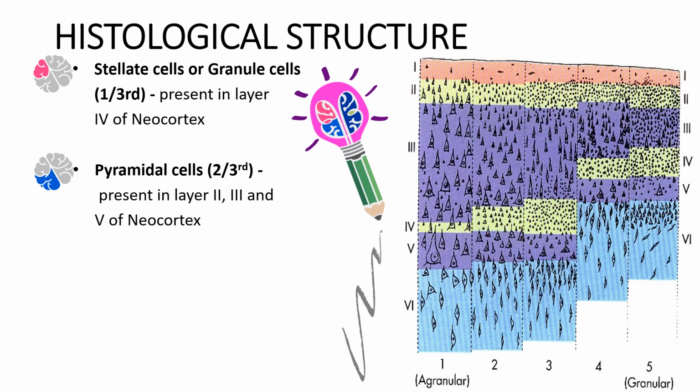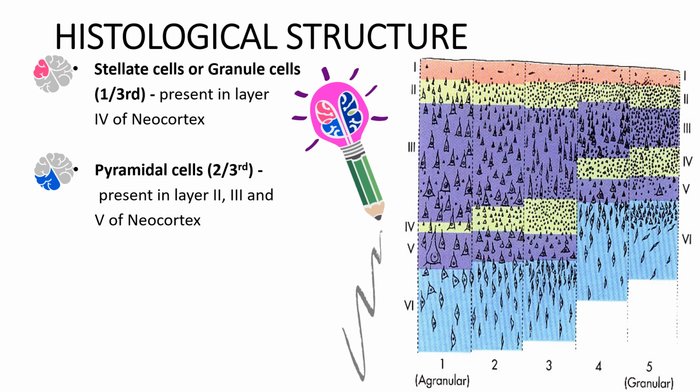And next one is the pyramidal cells. About two-thirds of all the cortical neurons are these cells. They have triangular cell bodies, and the axon arises from the base of the cell, and a large dendrite arises from the apex. The processes of the pyramidal cells extend vertically through the entire thickness of the cortex.